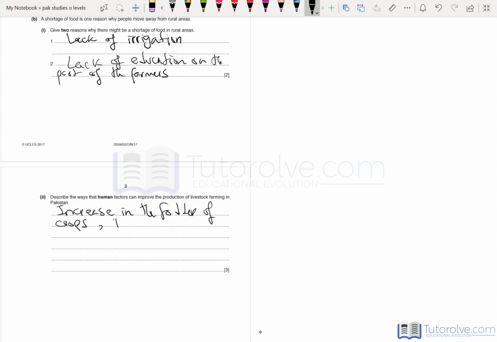They could be provided with more grazing land, and there can be government support with regards to development funds.